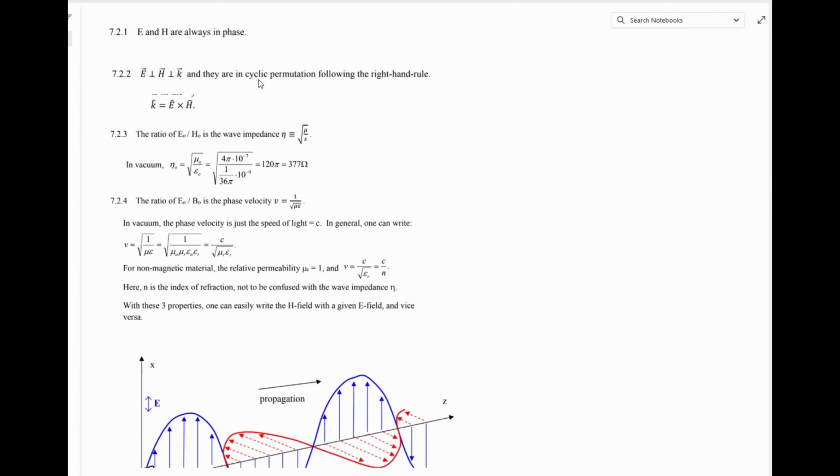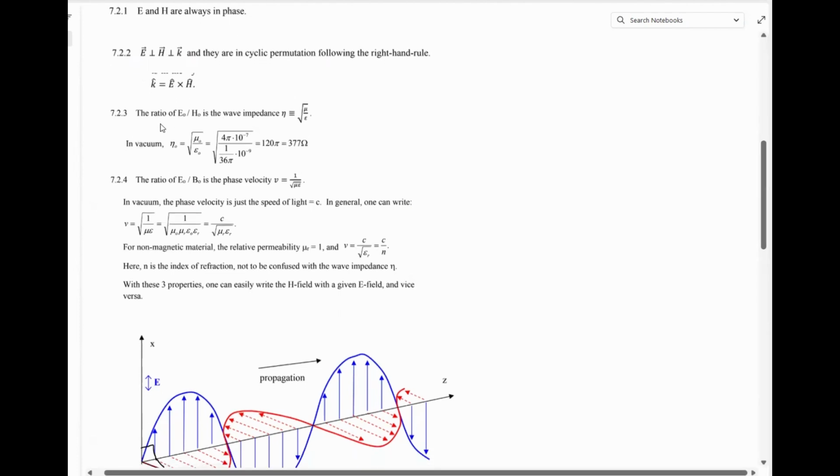And they are in cyclical permutation following the right-hand rule, and you can rewrite this as a cross product. The property is the ratio of the E field constant over the H field constant equals the wave impedance eta, which can also be written as the square root of mu over epsilon. In a vacuum, eta naught equals 377, which we use.